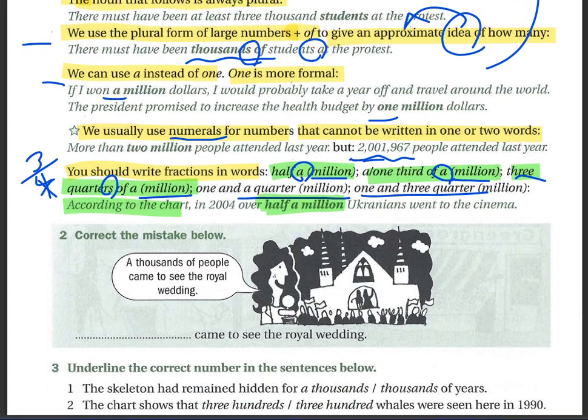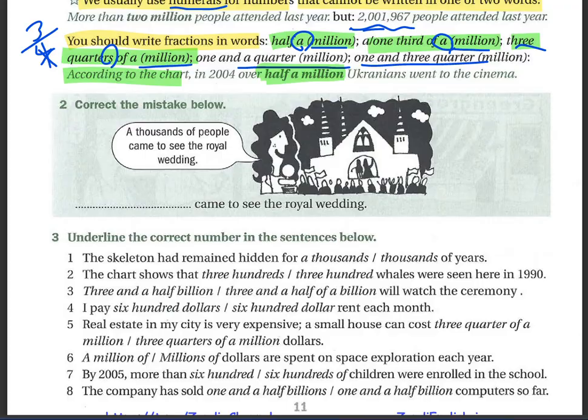Great. So, let's do the exercises. Look at part 2. Correct the mistake here. Thousands of people came to see the royal wedding. What do you think? Which part is not correct? Very good. We shouldn't write a.